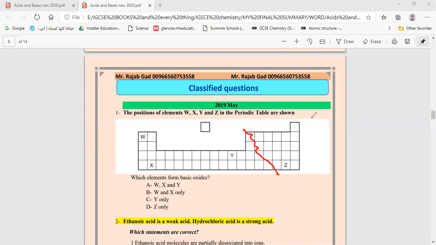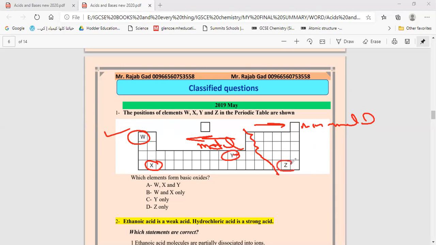Here this one is metal, because this side represents metal and this side represents non-metal. So this one represents metal and can form a basic oxide. This one also a basic oxide, and this one metal, basic oxide.